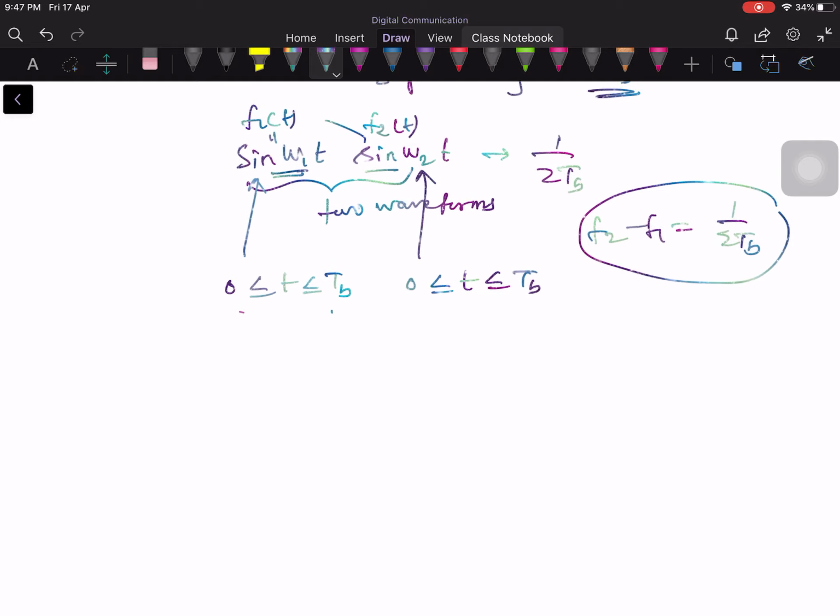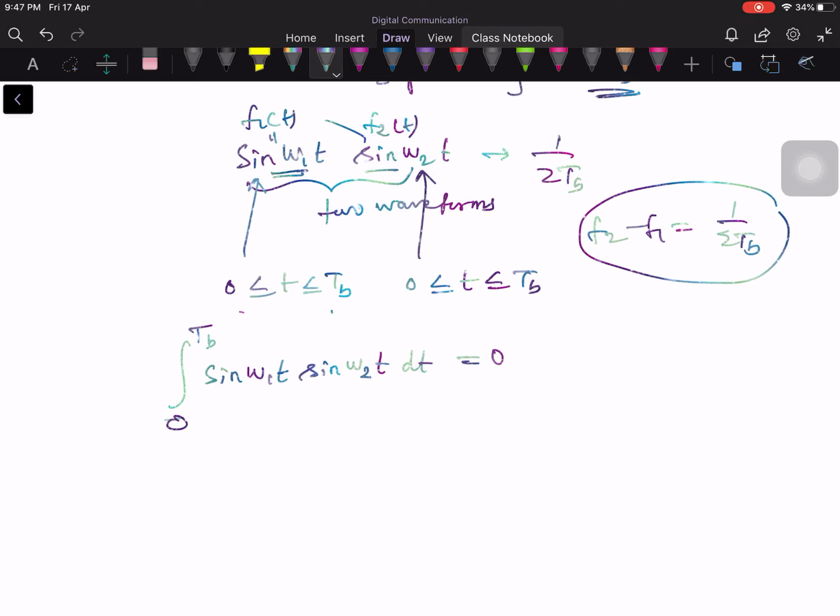So mathematically, how do you say? The integral from 0 to TB of sin ω1t times sin ω2t dt is equal to 0. Then it is orthogonal over 0 to TB, the bit duration.